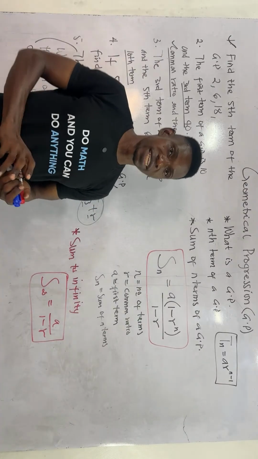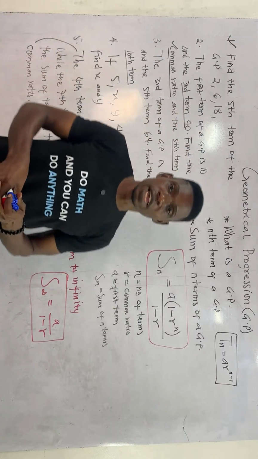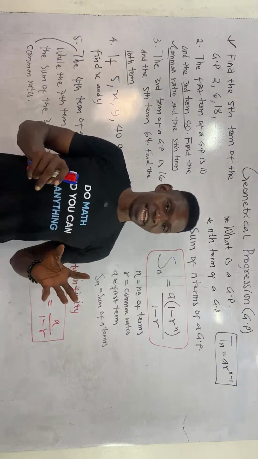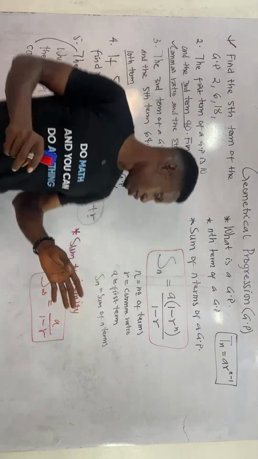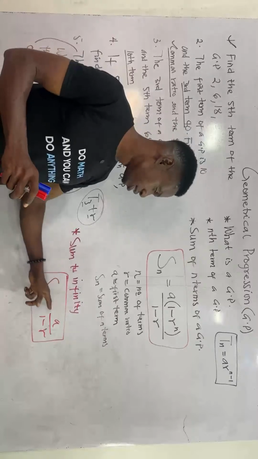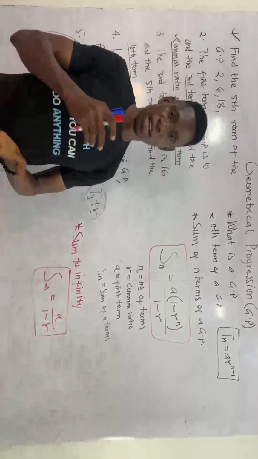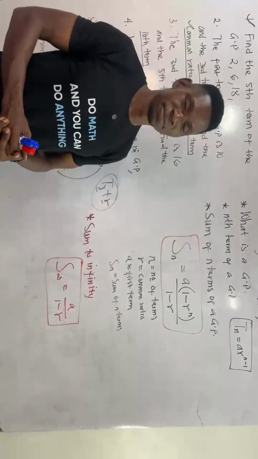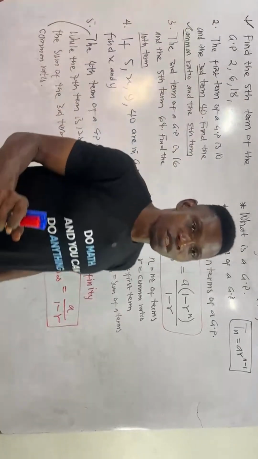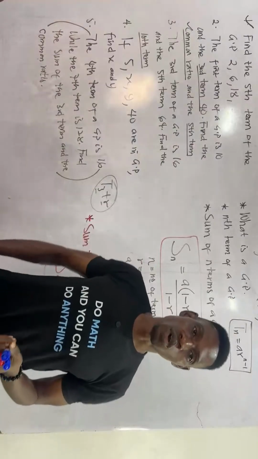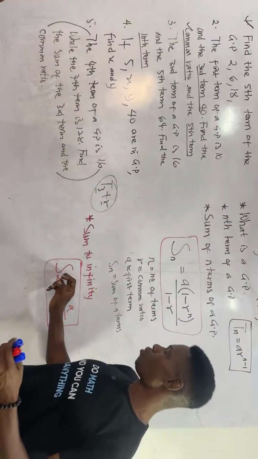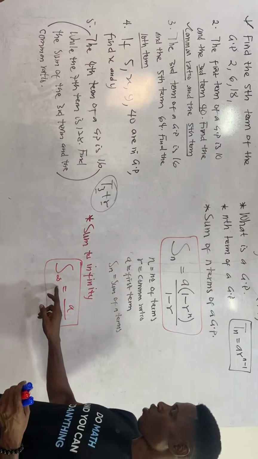So now watch, let's get the picture clear. If the series you are given is an infinite one, you find the sum to infinity. If it's a finite one, you find the sum. So is that clear? You might be given an infinite series or a finite one. If it's infinite, you use this formula to find the sum to infinity of the series.